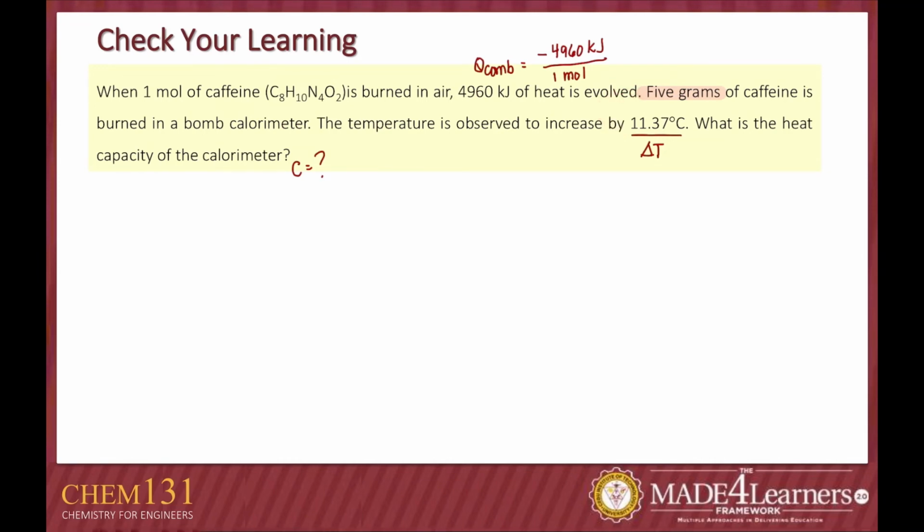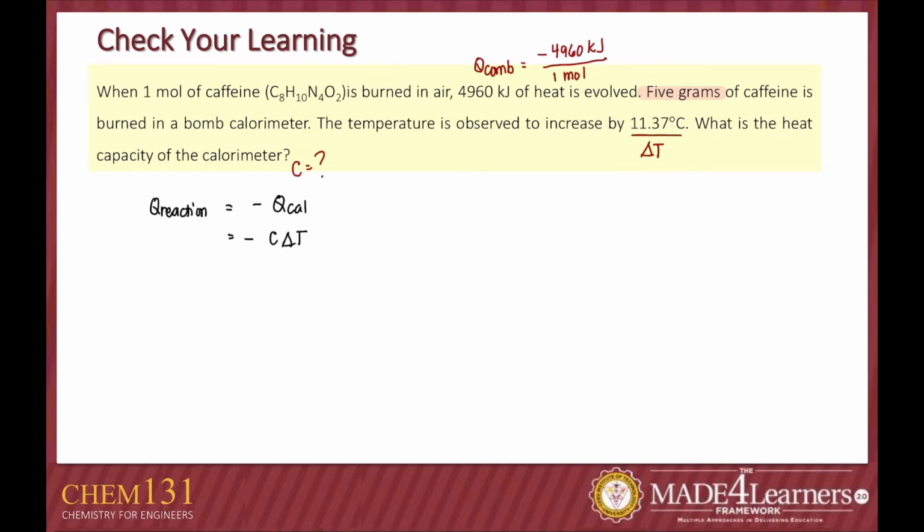So the working formula is still Q reaction equals negative Q calorimeter. The difference ani niya sa previous nga check your learning is that kadtong previous kay gilahi si bomb ug si water, but this time kanang giusa ra siya. So this ang Q cal is negative C delta T.